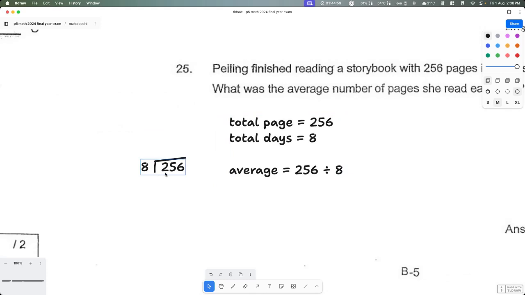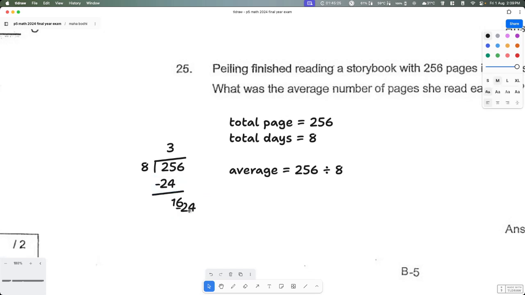So let's go. 2 cannot be divided by 8, so we bring down 25. What's the closest multiple of 8 to 25? 8 times 3 is 24, so we minus 24. And then from here we can minus this again, and this will give us 1. We cannot have 1 minus 8, so we have 16.